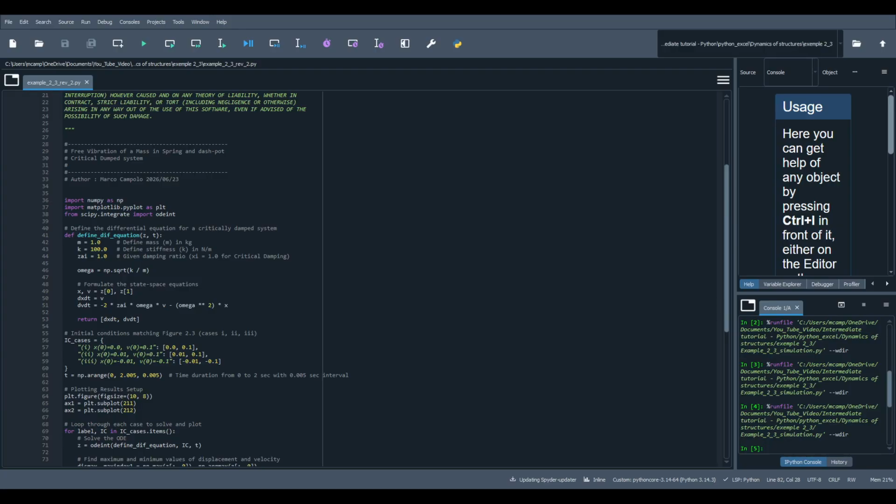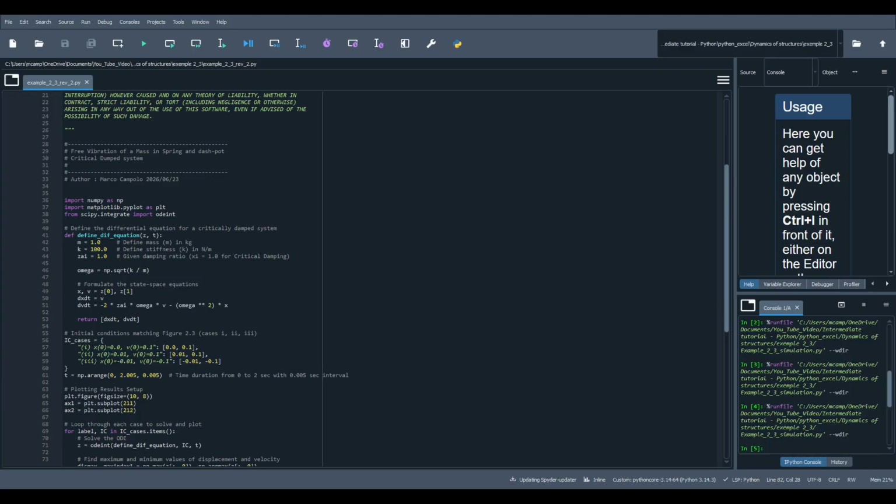In line 56 there is the import of numpy, which handles numerical operations and arrays. After there is the import of matplotlib, which is the standard library for creating graphs and plots in Python.